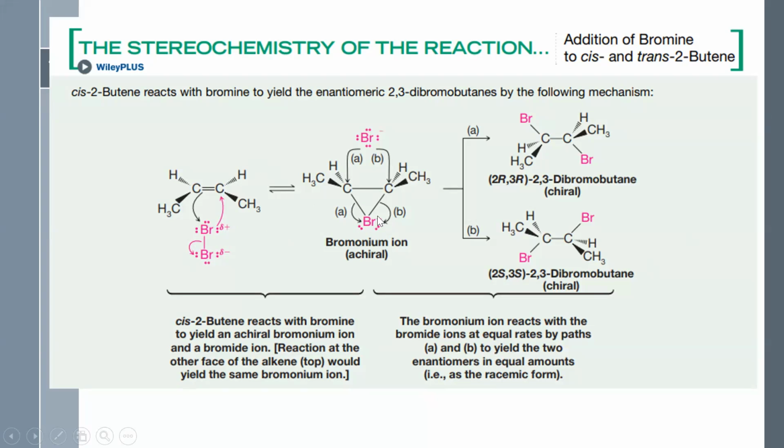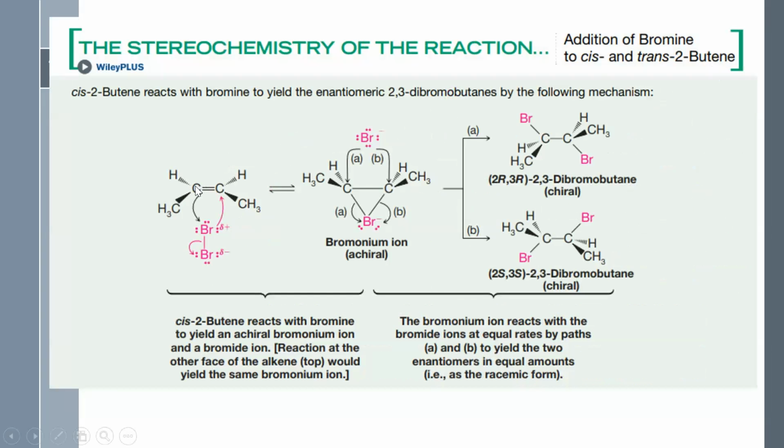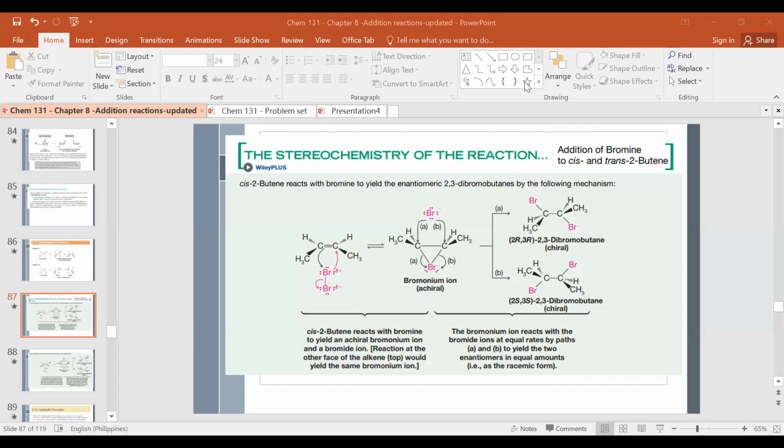The bromonium ion should be positive because you should have a net positive charge. So it was a mistake. We will correct this one. Oh my God, sorry. This is positive, it's not negative.